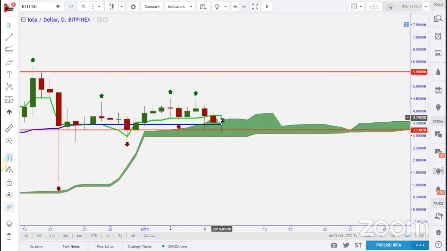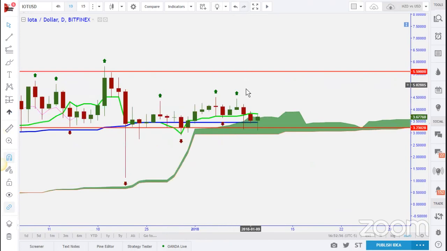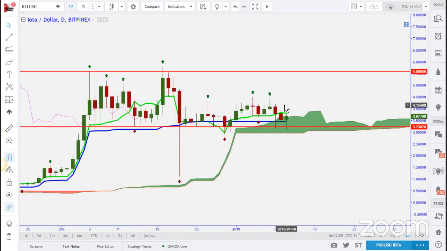If it closes like this, you could see this is a rejection of the previous support level with the Kijun-sen in your cloud. So what I'd like to do basically is put an entry a little bit above that level, with my stop loss a little lower than that. And then we're going to at least shoot for this target up here because this was in a range, and if it's going to go higher, it'll probably go back up to the range level. So that's what we're looking at here.